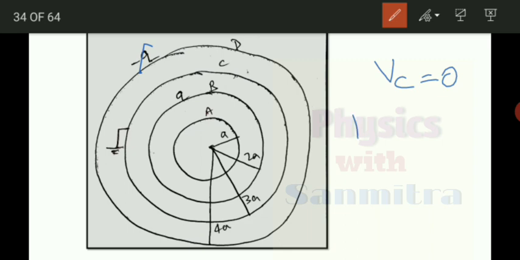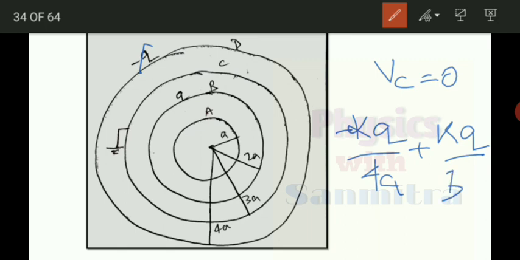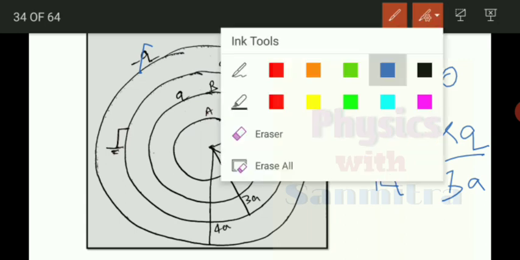Let me calculate VC before earthing: KQ by 4a, with a minus sign because of the minus charge, plus KQ by 3a due to this one. So definitely this is not 0. There is the need of one more term that will make it 0.